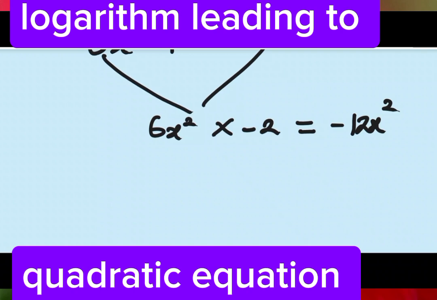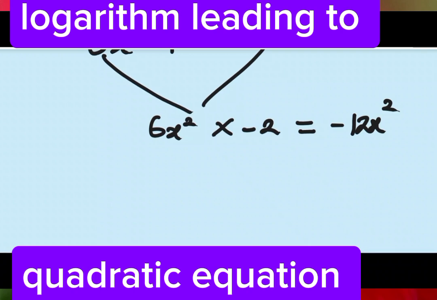Now, what is the second step? Look for two numbers in x, because the unknown here is x. The unknown can be any letter. It is not always x, it can be x, y, or anything.